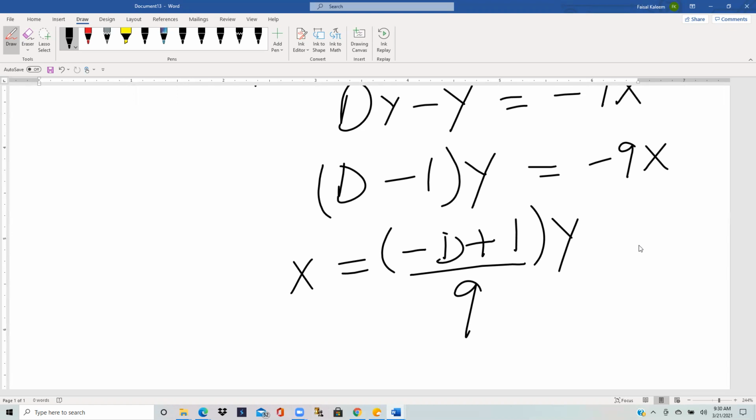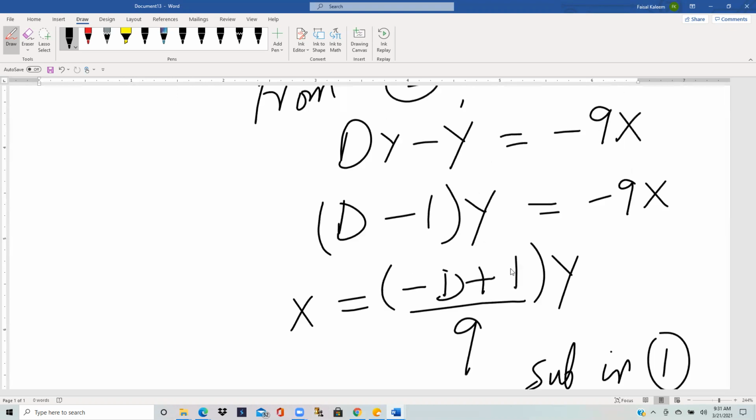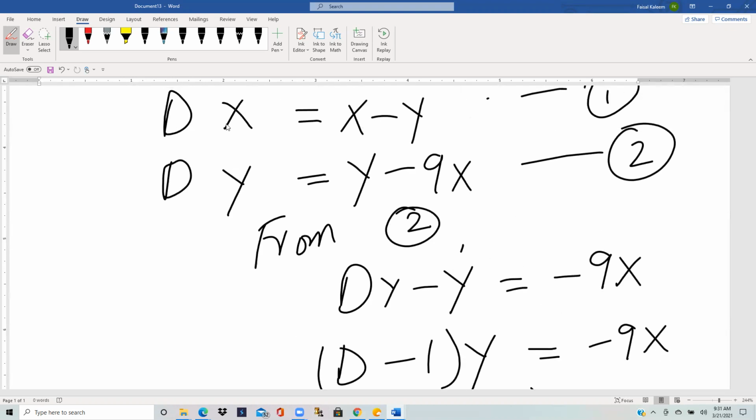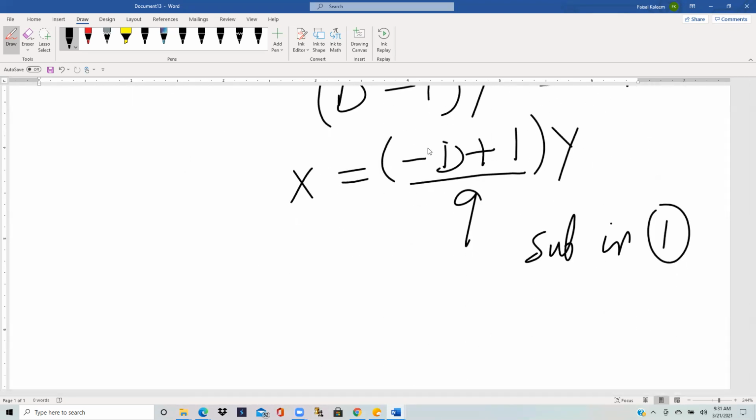Okay, so we substitute this in the other equation. So we substitute this in 1. x is equal to negative (d plus 1) over 9 whole times y. So equation 1 becomes dx is equal to x minus y.